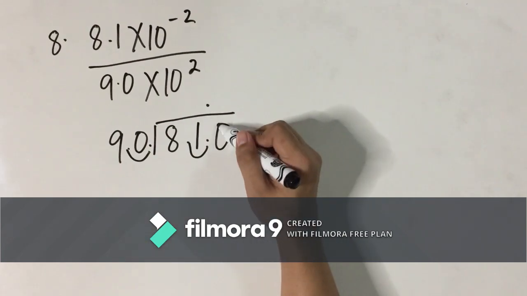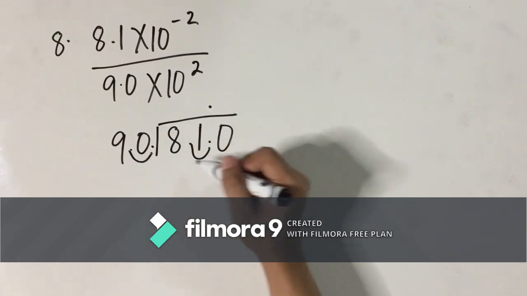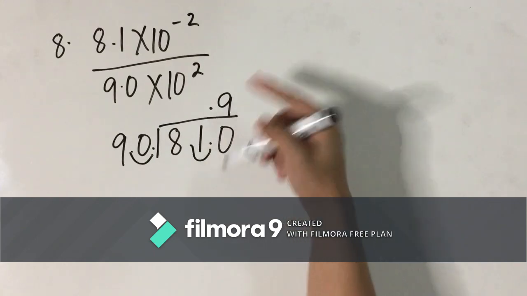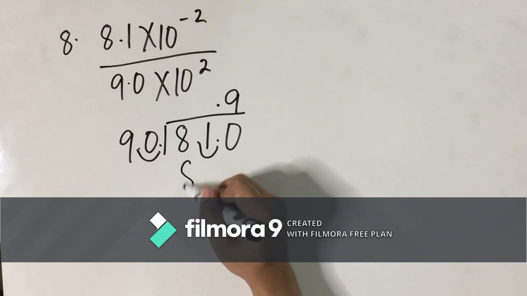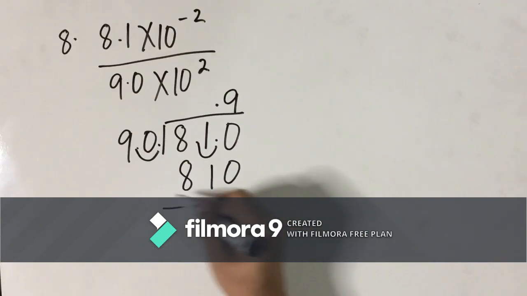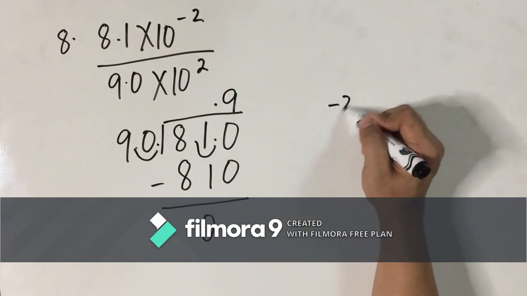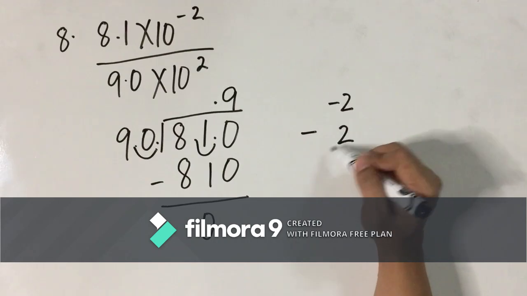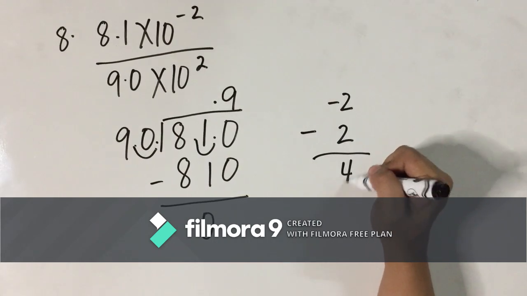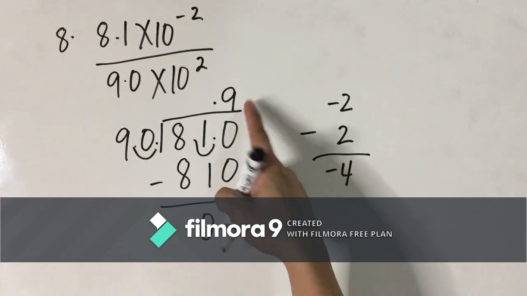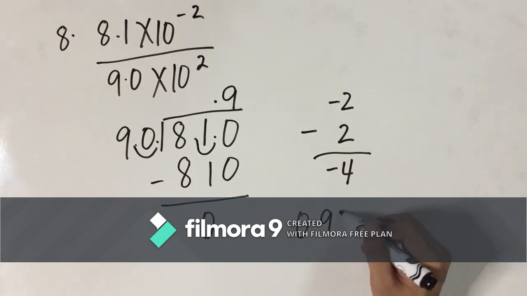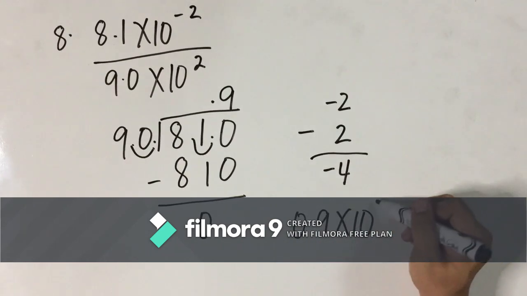So think of a number that can be multiplied, rather can be divided, so that can give us an answer that can work with this particular operation. So we have 0.9, work with the integers, negative 2 minus 2 is negative 4. So we have 0.9 times 10 raised to negative 4.